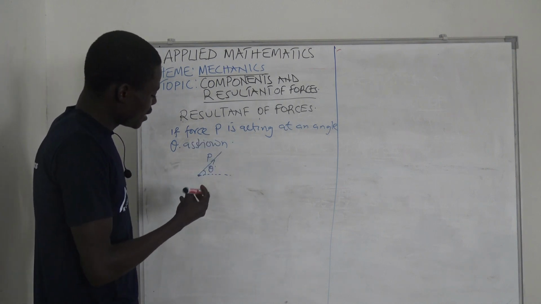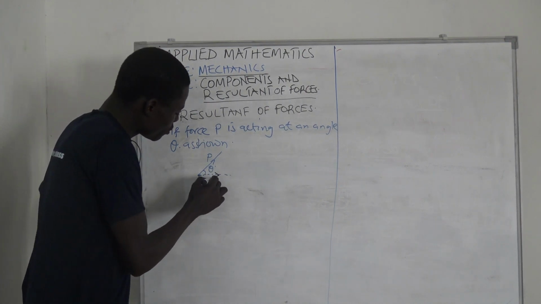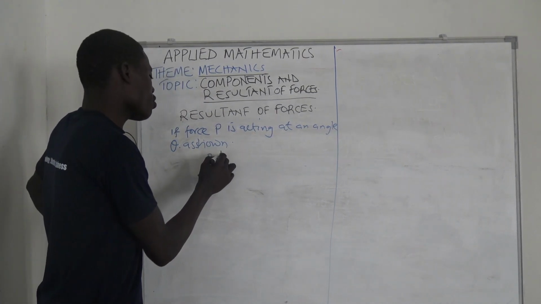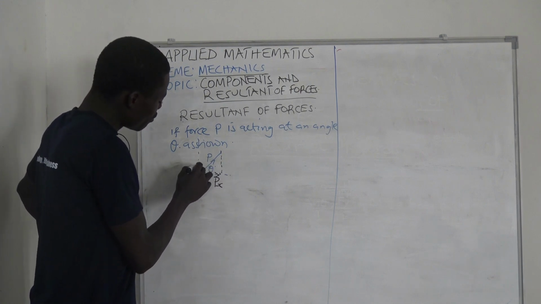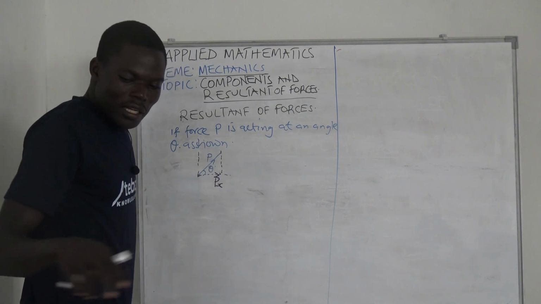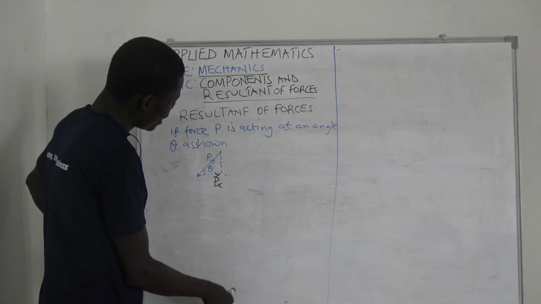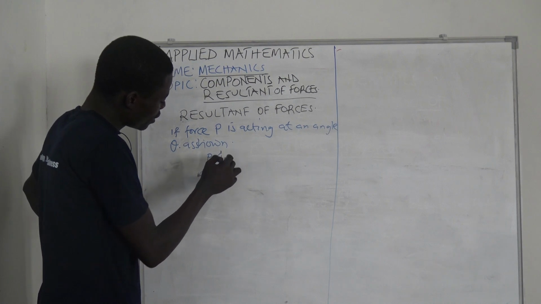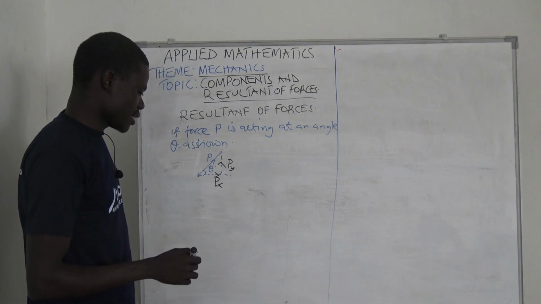Our x-axis represents the horizontal component, which we shall call Px, and then our vertical component of this force, you can put it there or you can have it here. All of them are the same, but to avoid confusing you, let us put it this side, acting in this direction, which is Py, because it's acting along the y-axis.